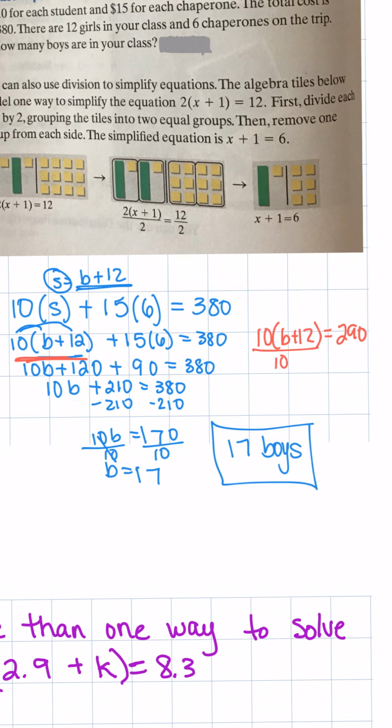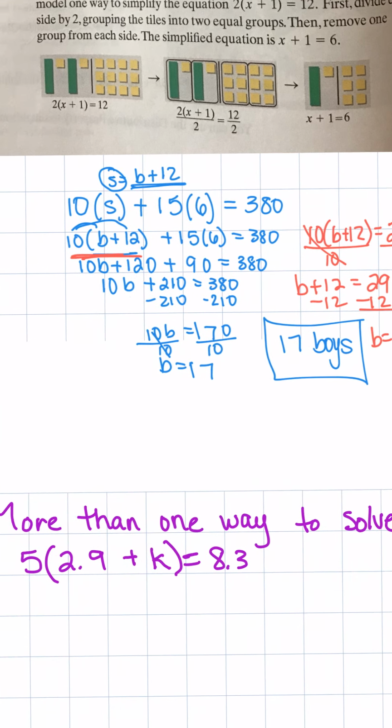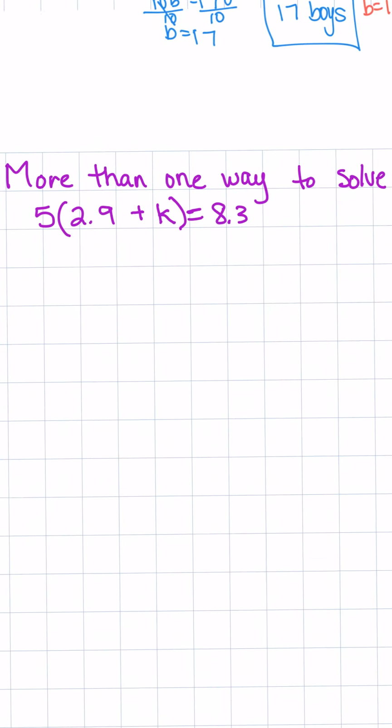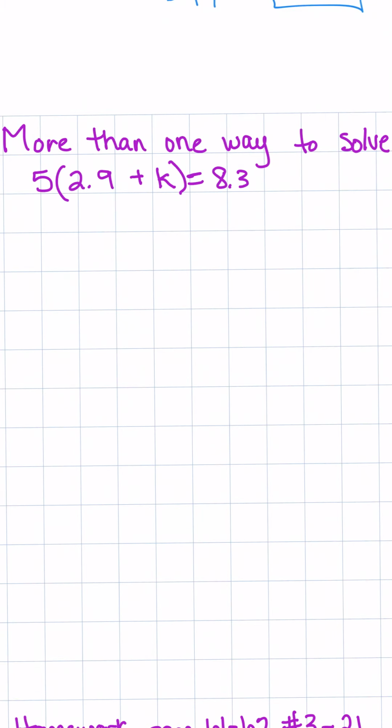Divide by 10, I'm left with b plus 12 equals 29. Subtract 12 from each side. I get b is equal to 17. Same answer, different way to solve. So there is more than one way to solve.